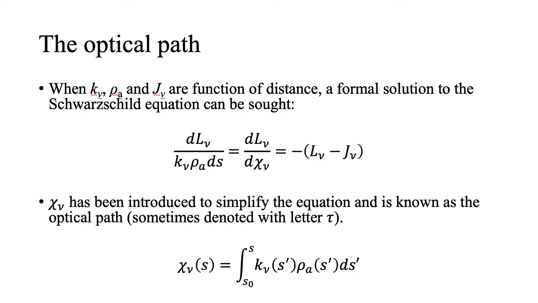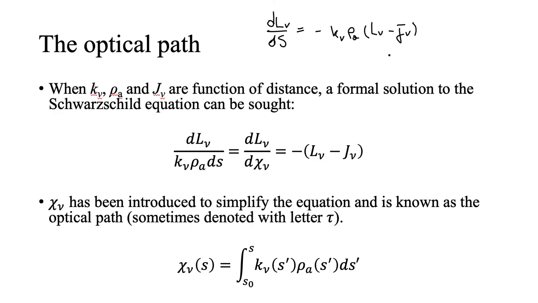One concept that is quite useful to introduce is that of an optical path. Now, let me remind you, this is the Schwarzschild equation, right? dL nu over ds equals minus k nu rho of s times L nu minus J nu. This is okay, but it still looks kind of cumbersome.